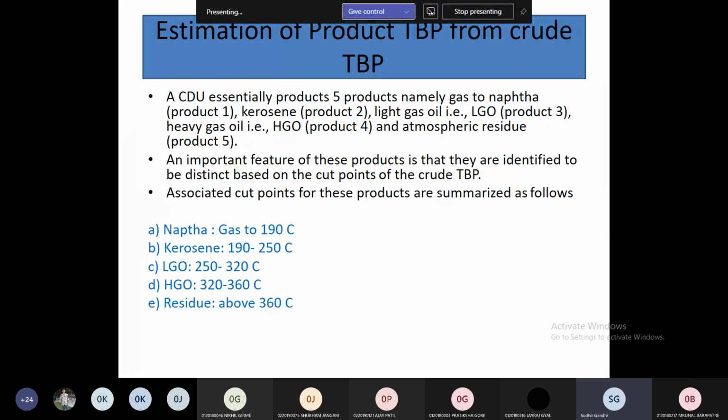In the same way, if only 10% of the kerosene, the boiling component between 190 to 250, if the next 10% of volume is collected, then around 10% of the sample will be kerosene. So that is the overall significance of this particular test.